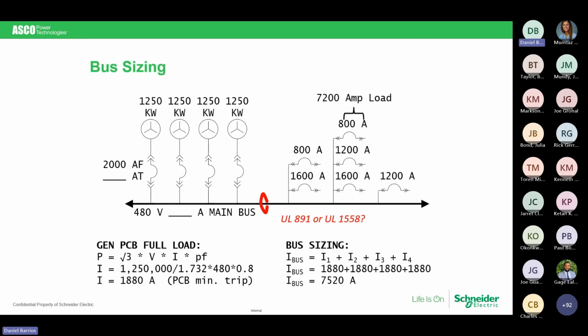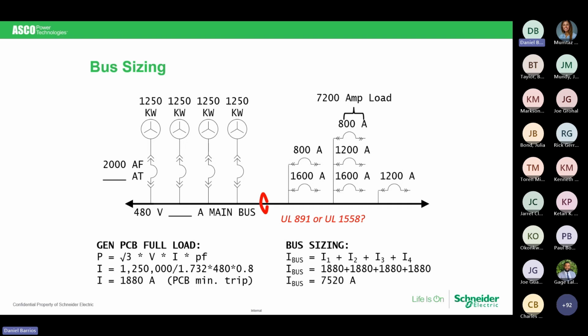So just a minute ago, this is taken from a different presentation if it looks a little different. First of all, when you're doing 891 construction, I didn't point this out at the beginning, but the difference between 891 and 1558, I touched on the breakers and such, but 891 construction is limited to 6,000 amps. 1558 construction is up to 10,000 amps.